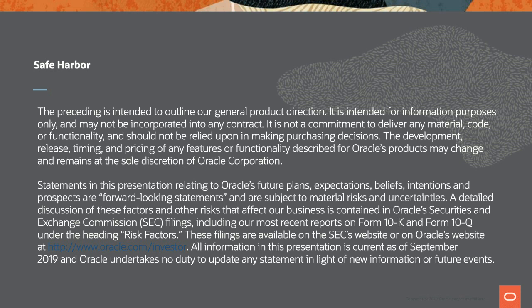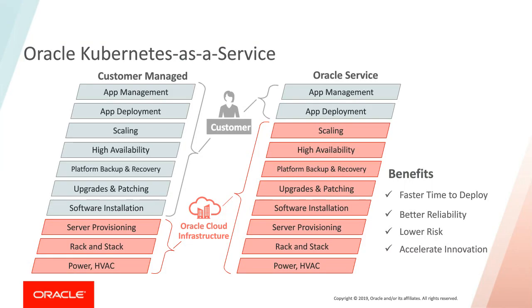Before we jump into Buoyant Linkerd's content, as I mentioned, let me give an overview of Oracle Container Engine for Kubernetes, also known as OKE. So why Oracle Kubernetes? OKE is a fully managed, scalable, and highly available service that you can use to deploy your containerized applications to the cloud.